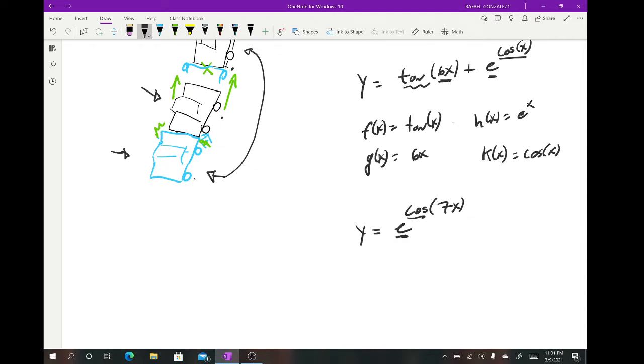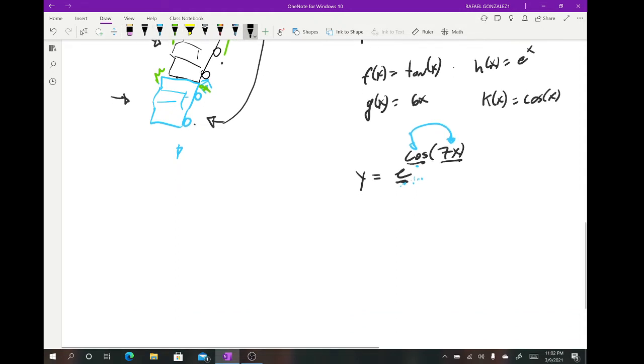You have e, you have cosine, and you have 7x. So the e, the exponential function, represents the blue car. That's what you want to take the derivative of. Well, when you take the derivative of e, you are affecting the cosine that's up here, and in turn the cosine is affecting the function on the inside, the 7x.